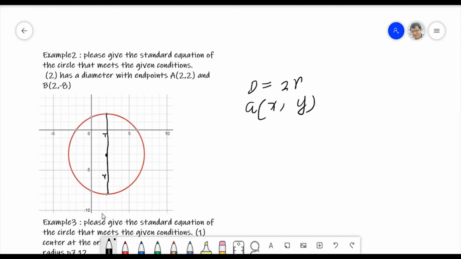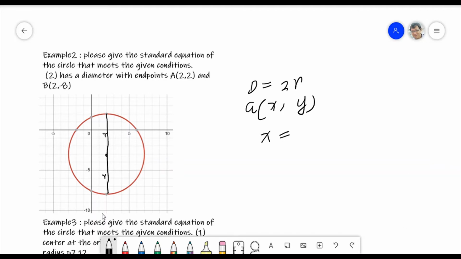So the center of the circle is exactly the midpoint of A and B. So the center's x should equal A x plus B x, divided by 2.